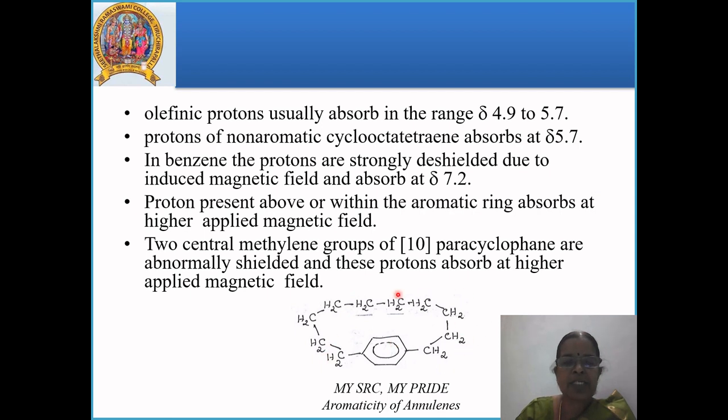If you consider this compound, 10-paracyclophane, the proton present exactly above the ring is a shielded proton and comes to resonance only at higher applied magnetic field strength compared to the other protons of this methylene chain.